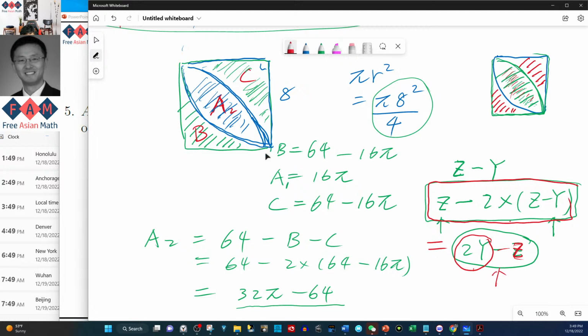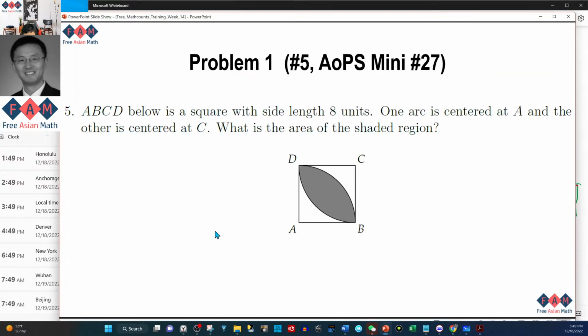If you just take one curve and figure out what exactly this curve does, well, like we saw earlier, this curve gives us a sector and the rest of the square. All right, that's the first problem. It's a very simple problem, but if you have never worked on this type of problem before, it's a good starting point.